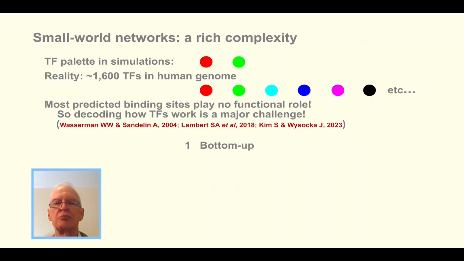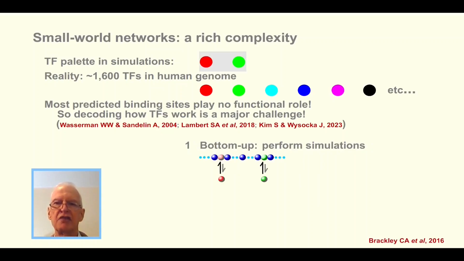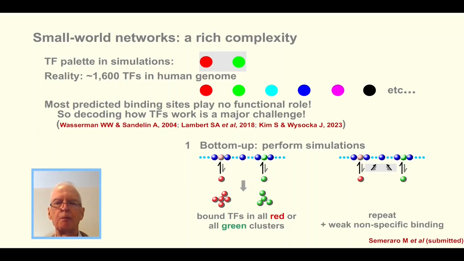The first is going to be bottom-up. We perform simulations, and these are the ones that I've shown you. We had 2 colors that bound specifically to their cognate beads, and they gave 2 kinds of clusters. All the reds were in one, and all the greens were in a different one. Now we're going to repeat the experiment.